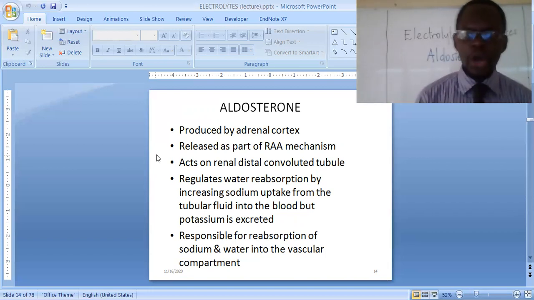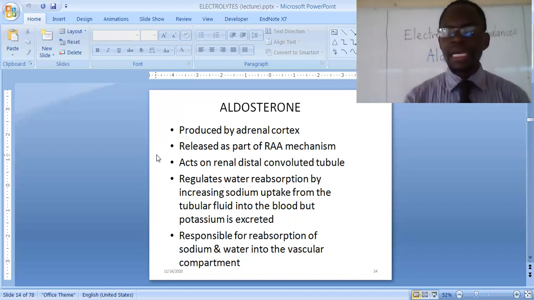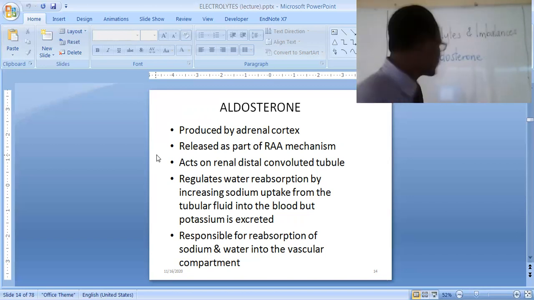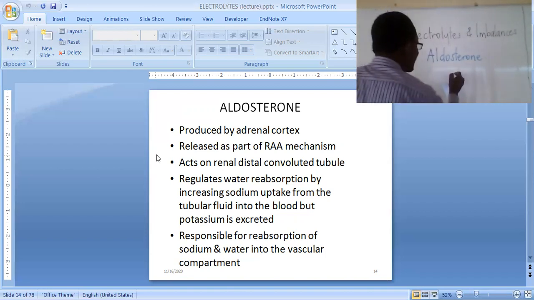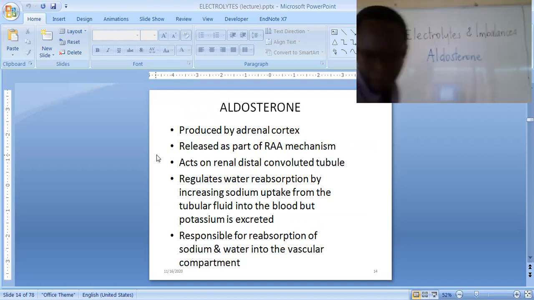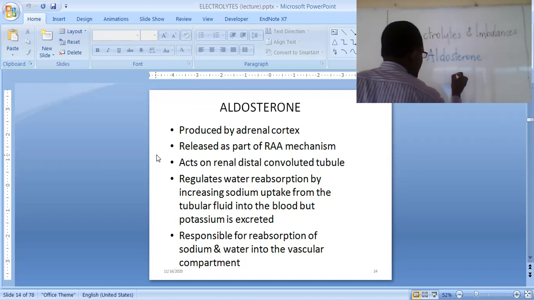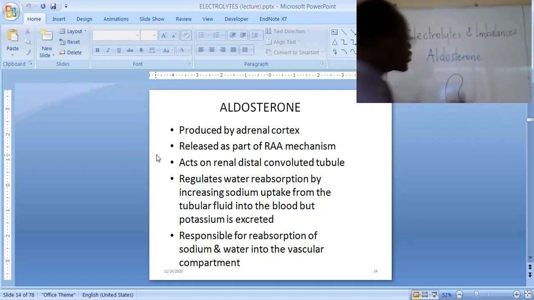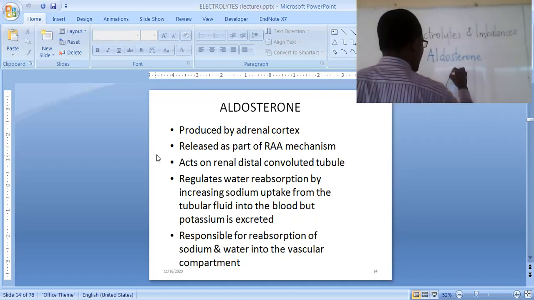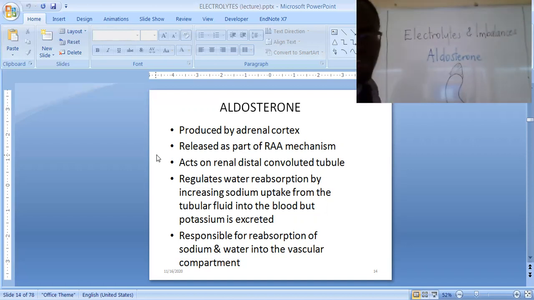Now, the adrenal gland, if this is our kidney, the adrenal glands are usually located at the top of the kidneys. Now, this is what we refer to as the adrenal gland.